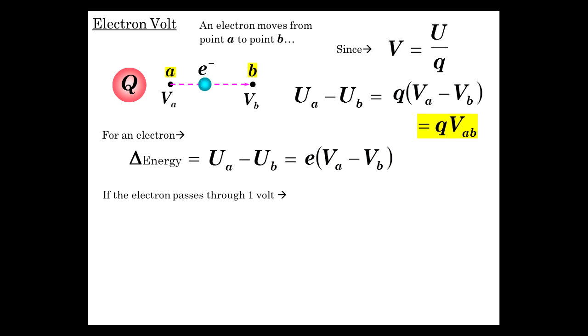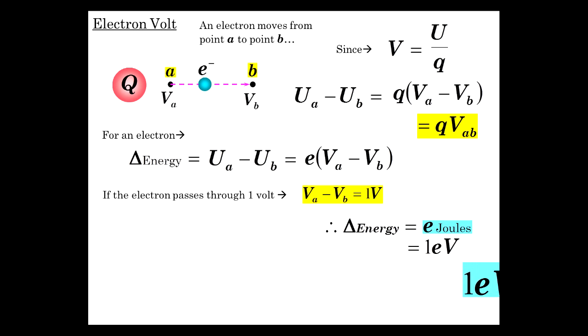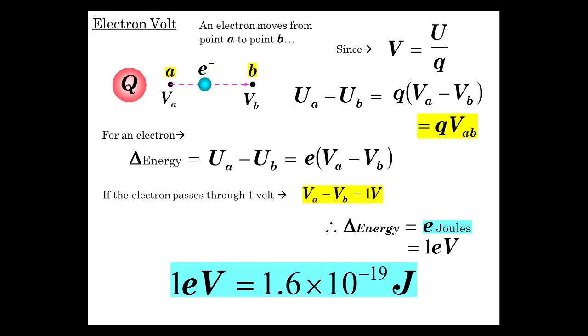Well, if the potential difference it passes through is 1 volt, then VA minus VB is 1 volt, and the change in energy is e joules, because the potential difference is 1. And e, the elementary charge, is a known quantity. Therefore, we have the definition of 1 electron volt, which is 1.6 times 10 to the negative 19 joules, the unit of energy that's common in particle physics.